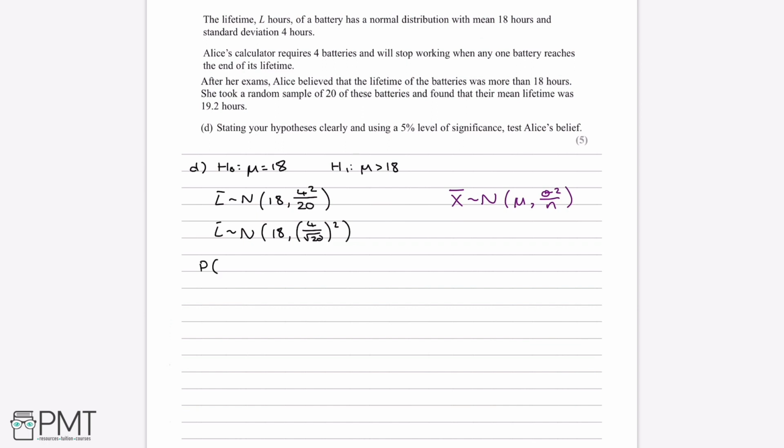So if we find the probability that L bar is greater than 19.2, and we put this into our calculators using the normal distribution function, we set the lower bound to 19.2, the upper bound to just any number greater than 5 standard deviations above this. So we could just put 100, 1,000, it doesn't really matter as long as it's quite a big number.